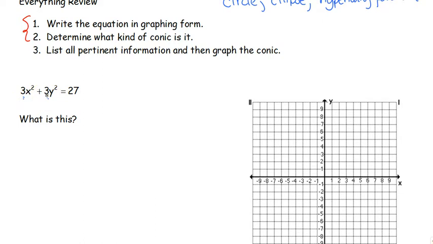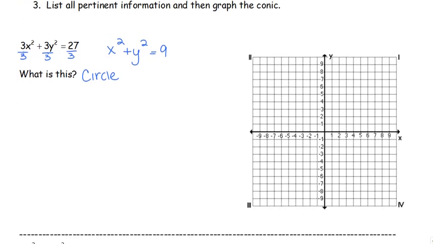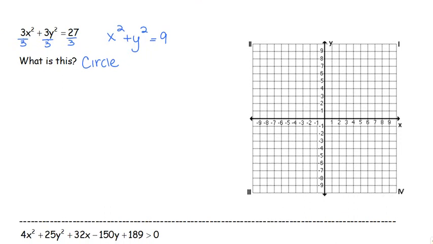We have the same distance for our x and our y, which makes it a circle. But we know that when we have our circle equation, we don't have any numbers with the x and the y, so we've got to divide that out to get x squared plus y squared is equal to 9. So what I want you to do, using your circle notes, and hopefully this one's not too hard, is give me all of the important information and graph your circle.